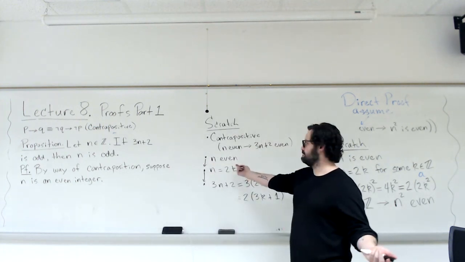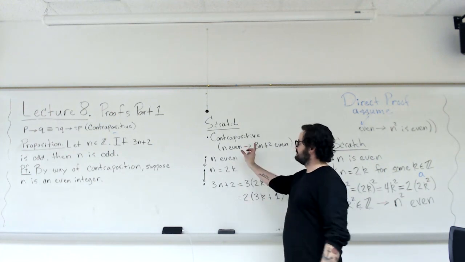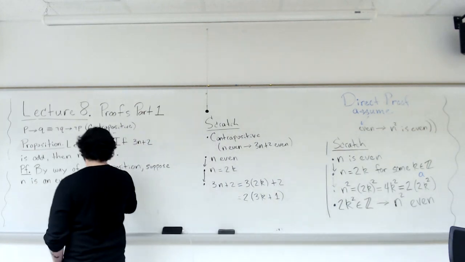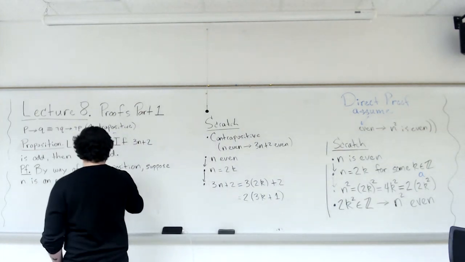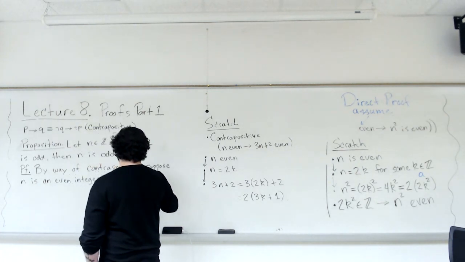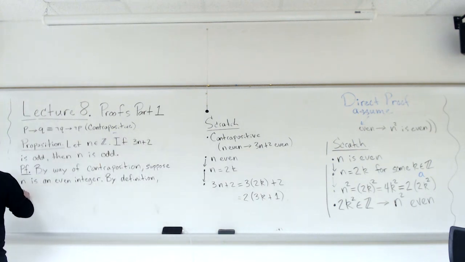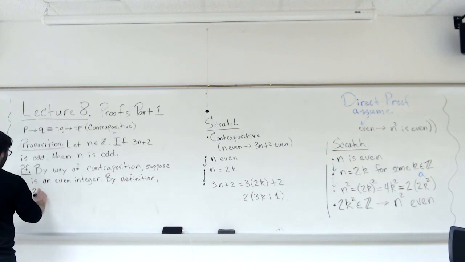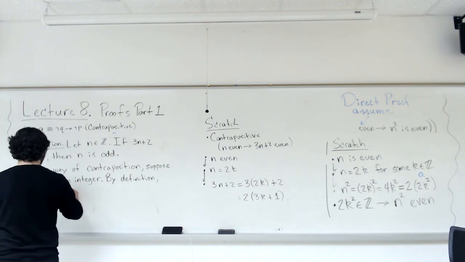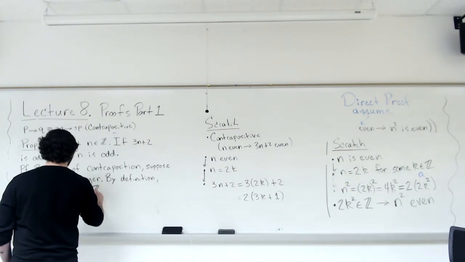Next up, definition, right? It's just like the proofs we did before. We just had to prove a different statement. That's it. So by definition, n is equal to 2 times k for some k that's an element of the integers.